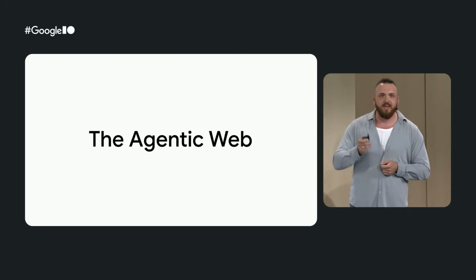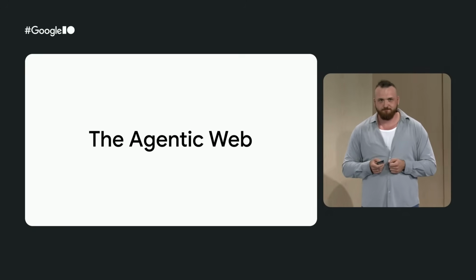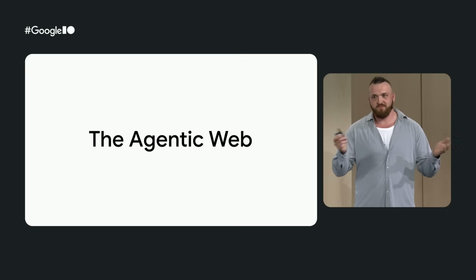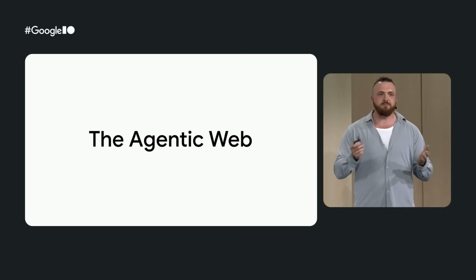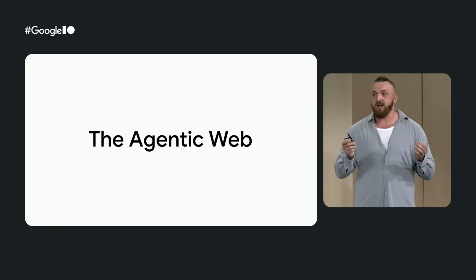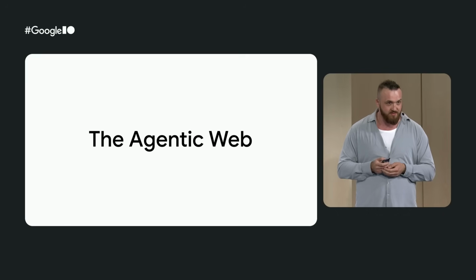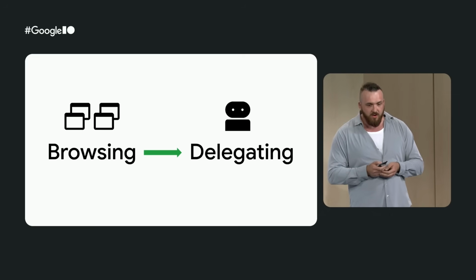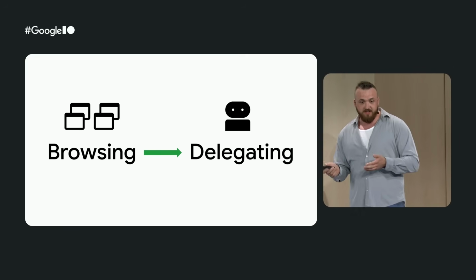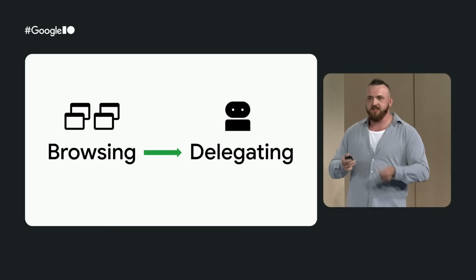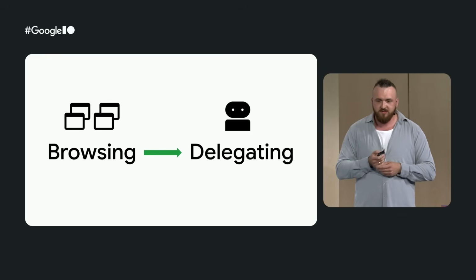What is the agentic web, then? In short, the agentic web is a web where primary users are increasingly AI agents performing complex, multi-step workflows on behalf of humans. We are going from browsing to delegating. So instead of you clicking through multiple tabs to find a hotel, find a car, and book a flight, right?